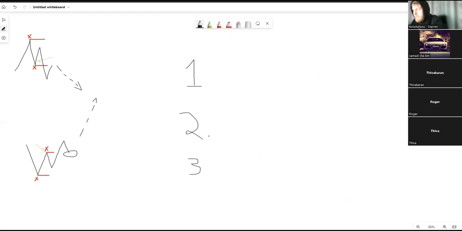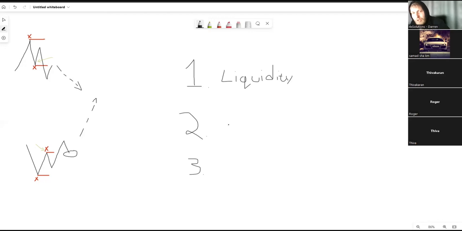Now you're probably going to say 1, 2, and 3 are old high, order block, and void, institutional reference points. But I'm not talking about that. I'm going to say this is liquidity. Hold the high. So this is liquidity.